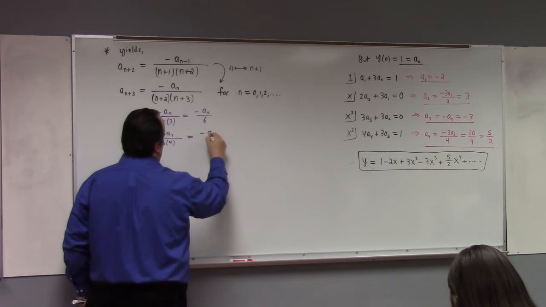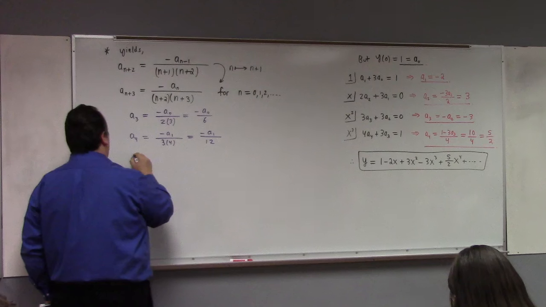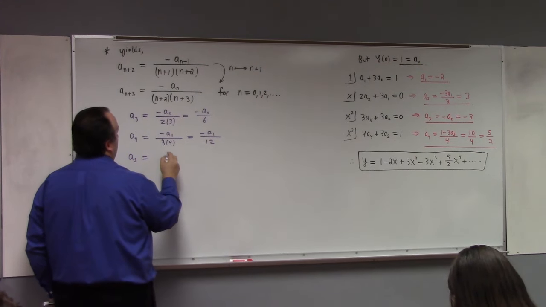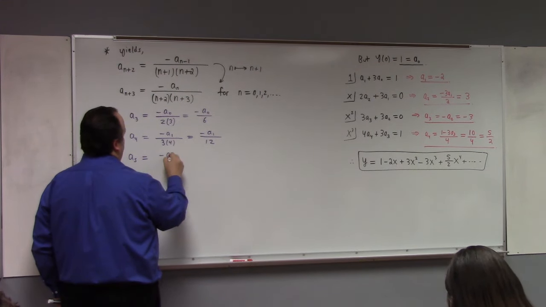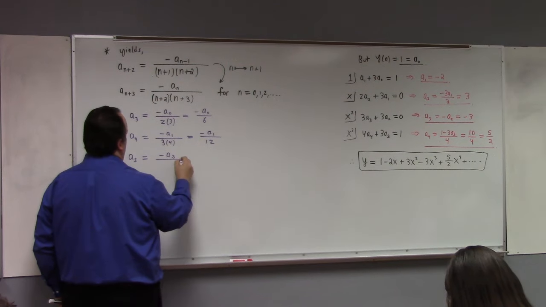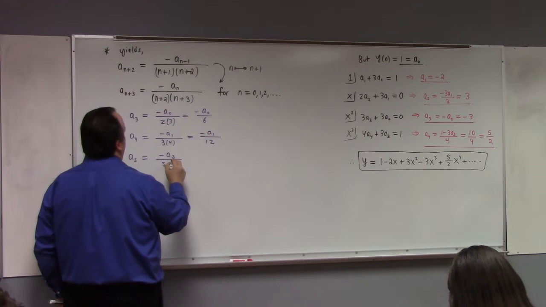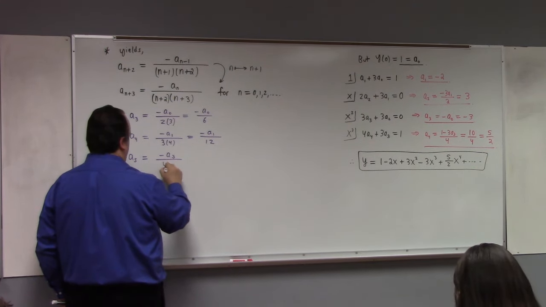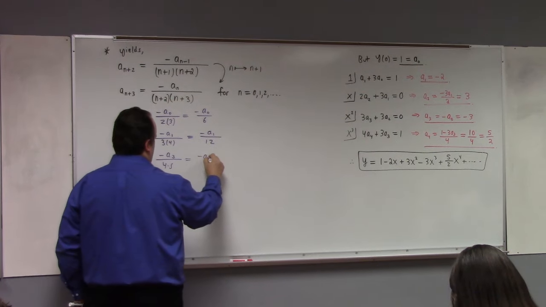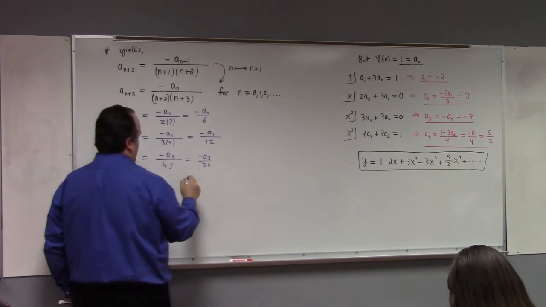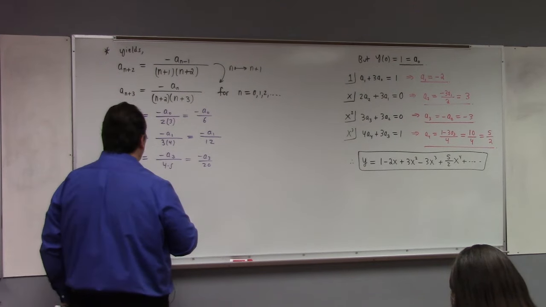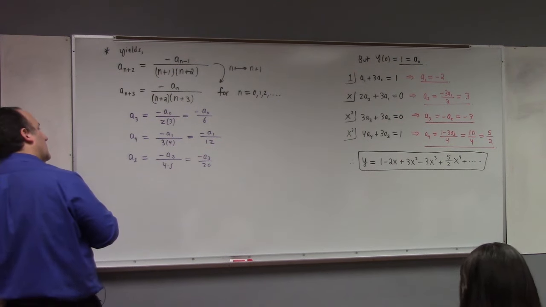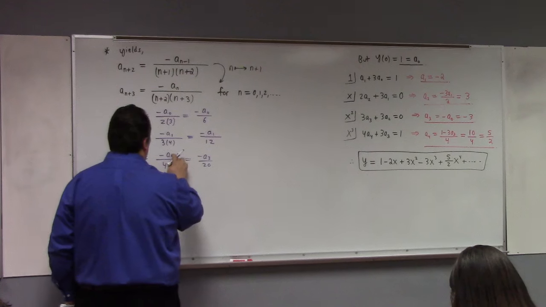So minus a1 over 12, a sub 5, minus a3 over 5 times 4. Wait a minute. 4 times 5, yeah, so minus a3 over 20. Wouldn't it be minus a2? Yeah, a2 plus 3. Oh, yeah, duh.